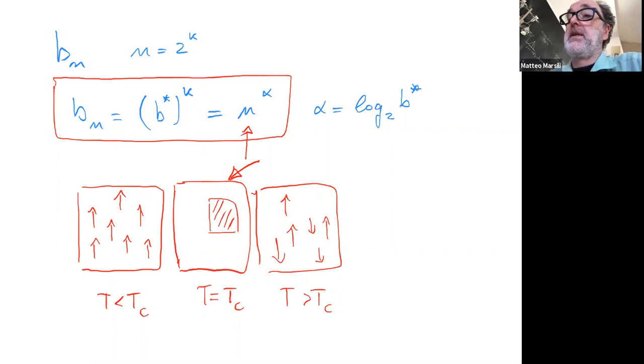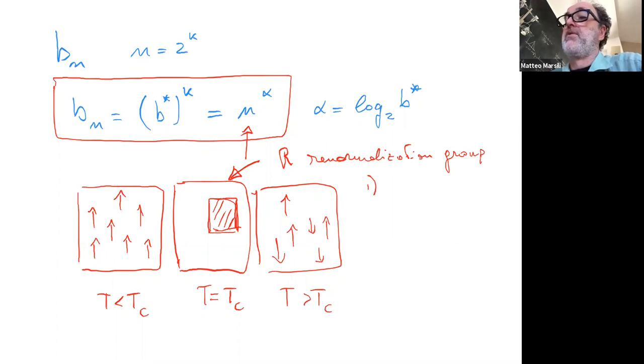And the idea is that one should connect the description of your system at different scales by what is called a renormalization group transformation. And this consists of two steps. One is coarse graining.